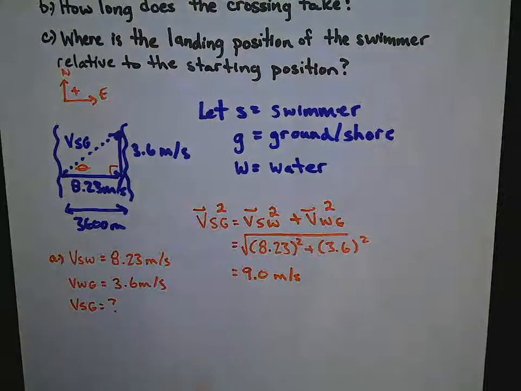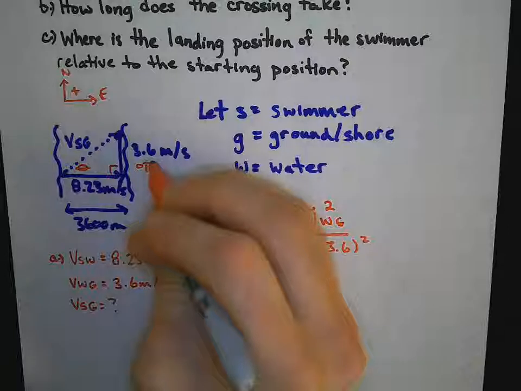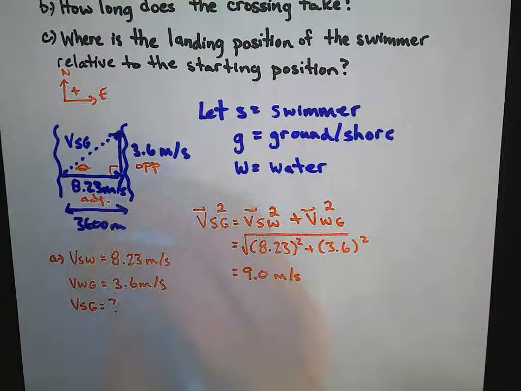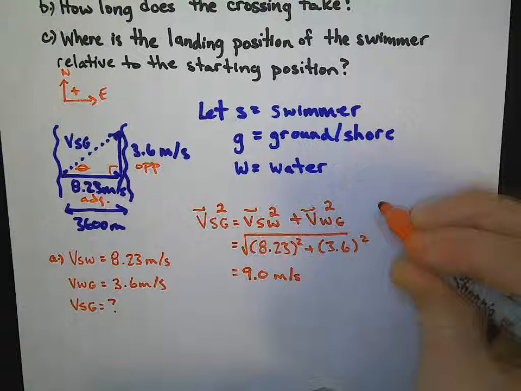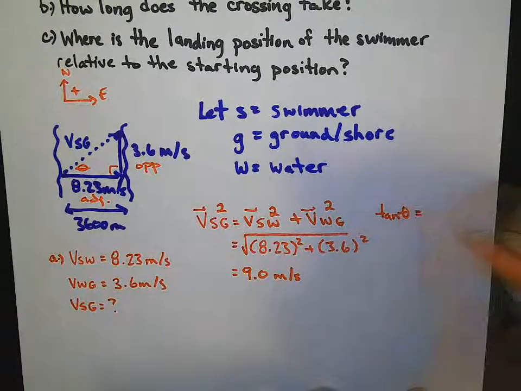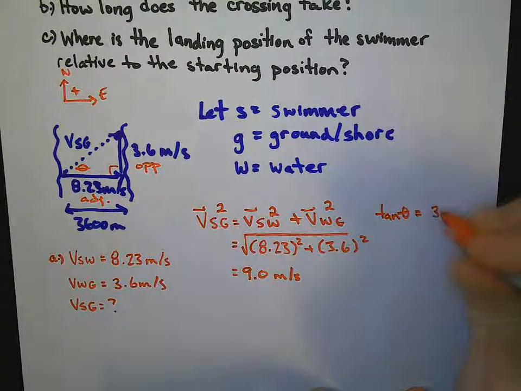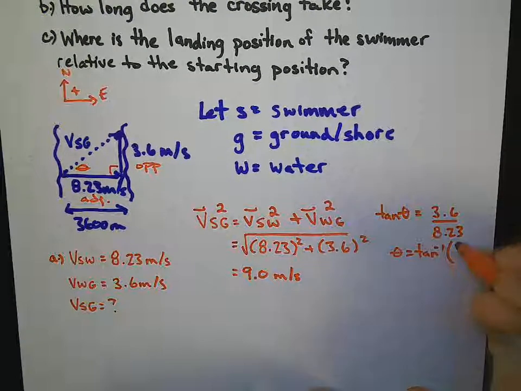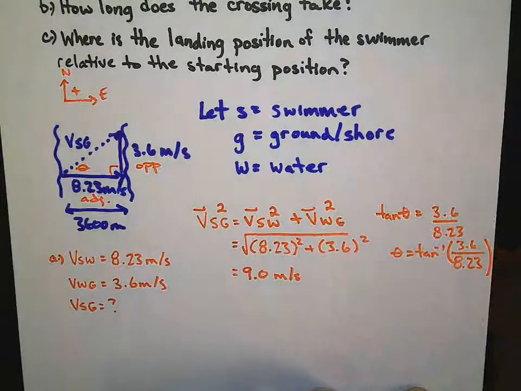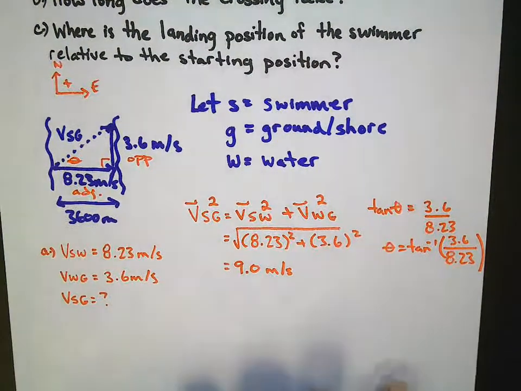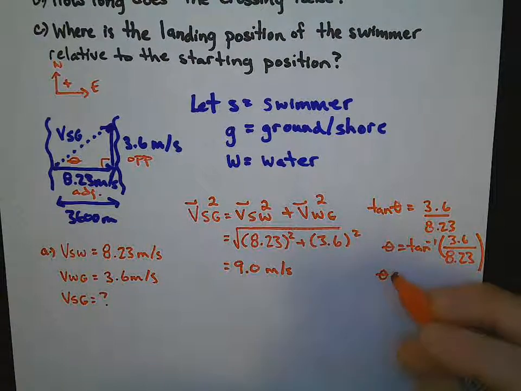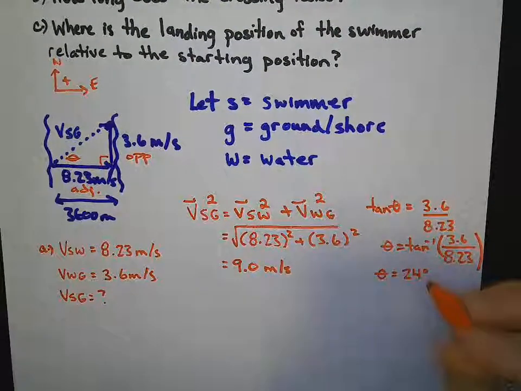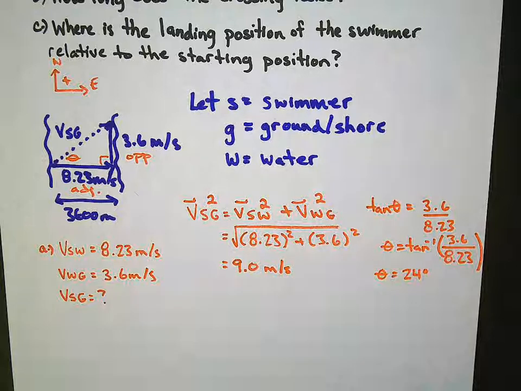And just a quick reminder from trig, opposite and adjacent tells us we are going to use tan to calculate that angle. So that will be 3.6 over 8.23. So we'll take the inverse tan of that division, which ends up being 24 degrees.